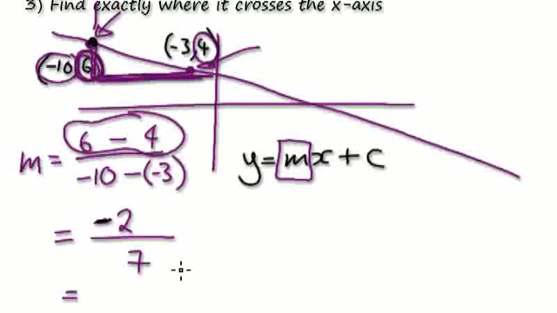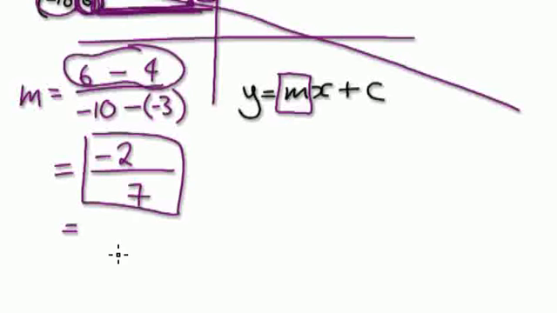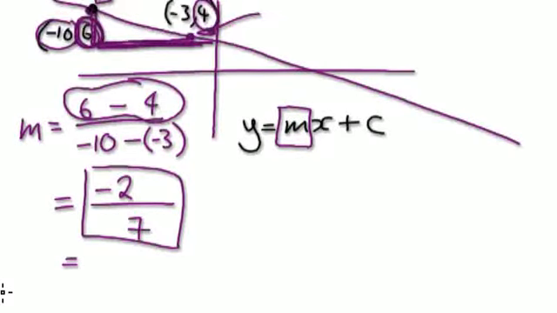If there's one negative sign, the overall answer would be negative. So it doesn't matter if it's up here or down here. You can move it to the top if you want to. So the gradient here is minus 2 over 7, or it could be 2 over minus 7. You can move it up or down.